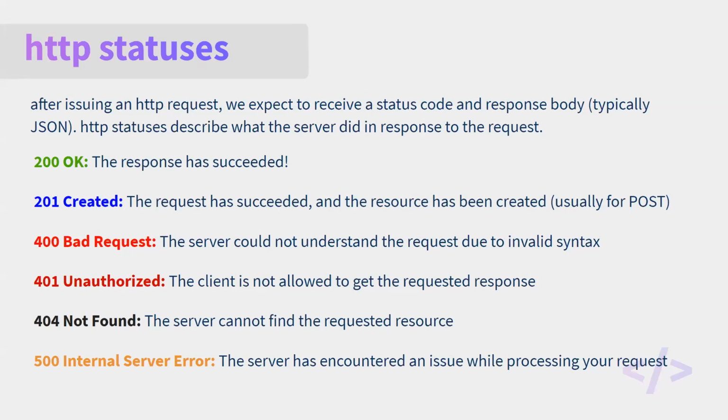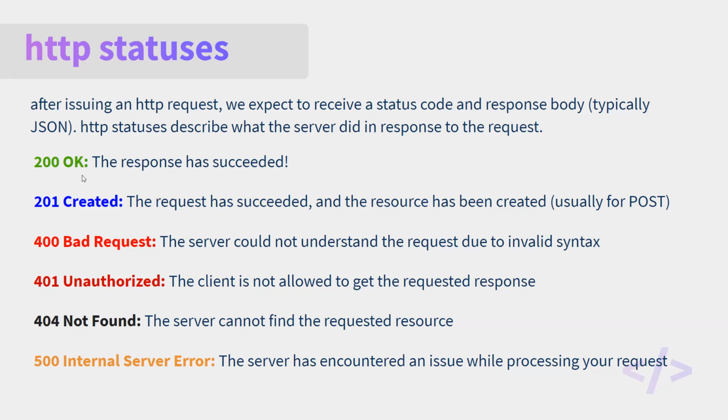It's a nice way of manually testing your APIs for like A1 and A2. Okay, so after issuing an HTTP request, we expect to receive a status code and response body, typically JSON. HTTP statuses describe what the server did in response to the request. So 200, okay, the request succeeded.